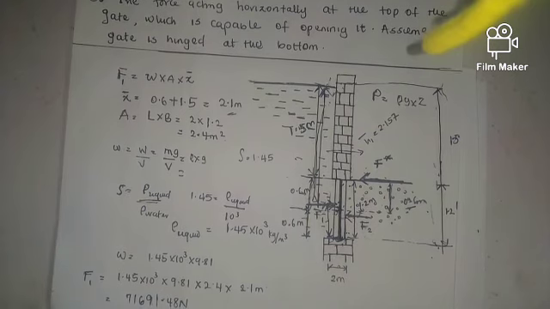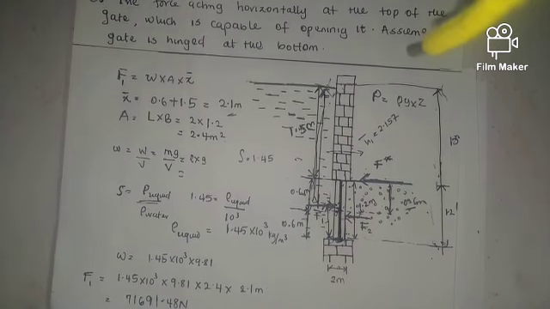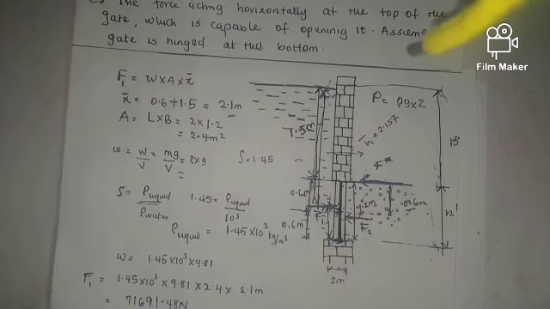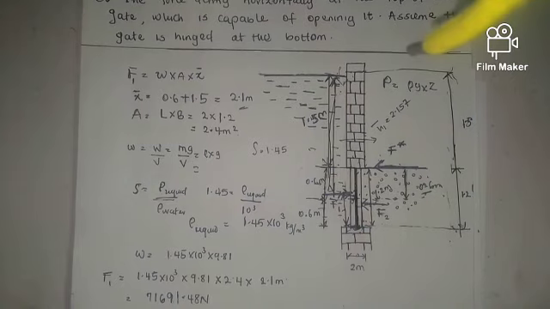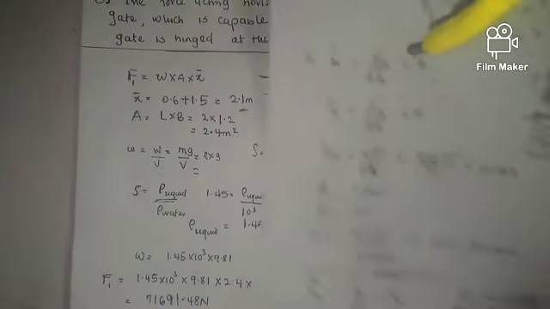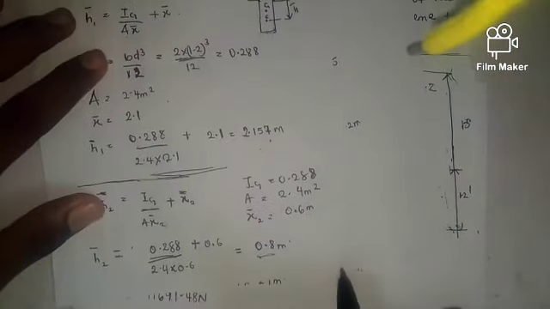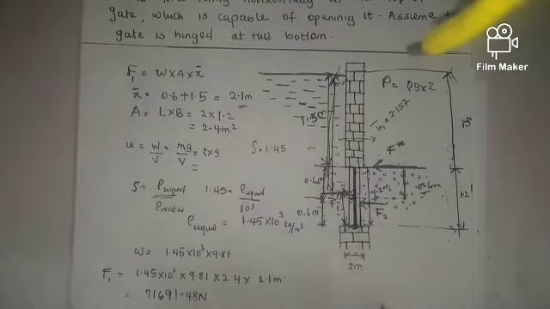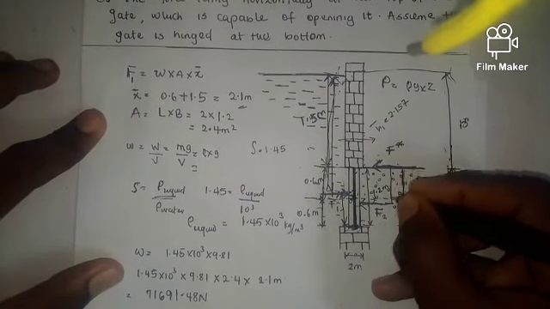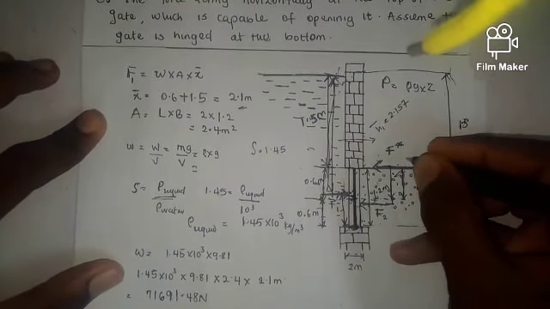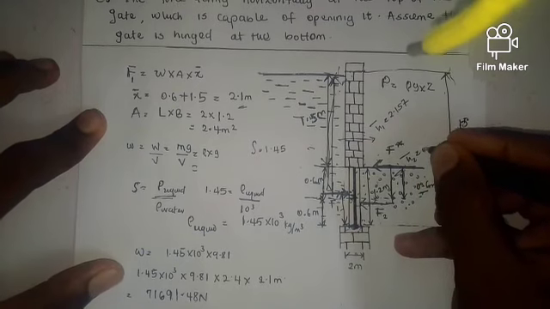Like I said, the point of application of your pressure or your force is your center of pressure. We calculated the position of center of pressure as H bar 2 and H bar 1. So the point of application of my F2 to the surface of my liquid is 0.8, right? That's my H bar 2, which is 0.8.